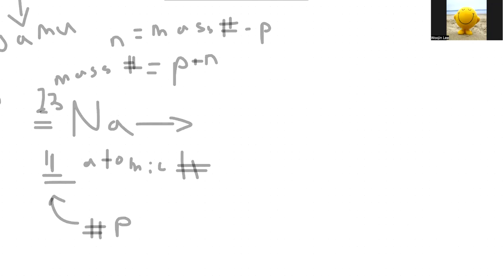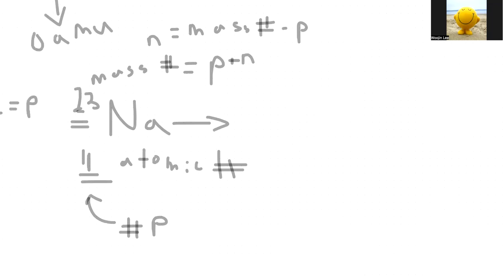What that's saying is that some sodium atoms may have more neutrons, so the mass might be 25 or 24, or maybe even smaller, 22. And what all these different masses are saying is that there are isotopes of sodium that have fewer neutrons than this sodium-23, and some that have more than that.